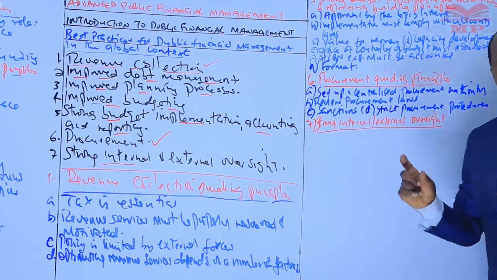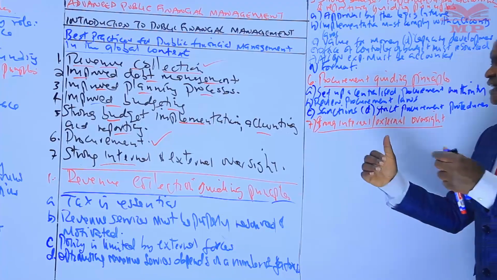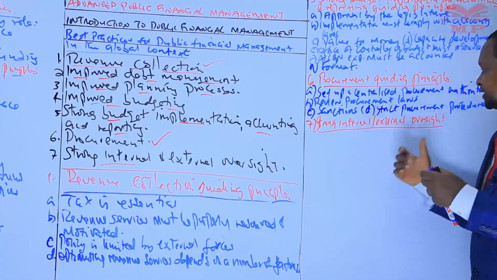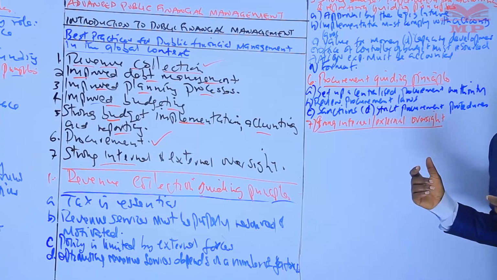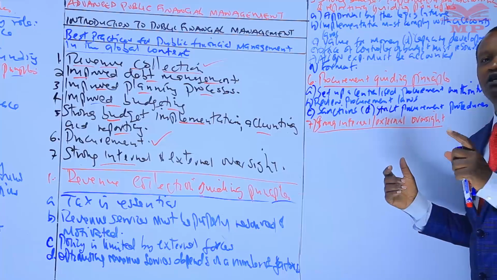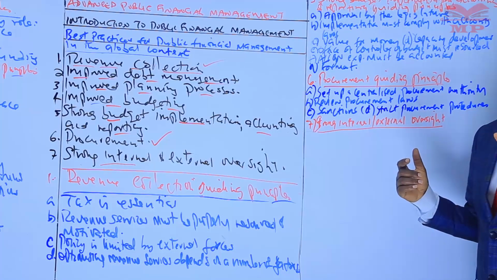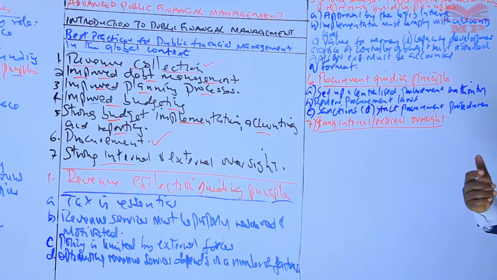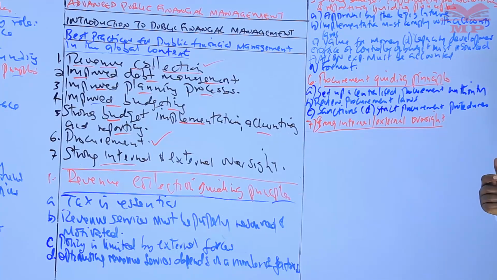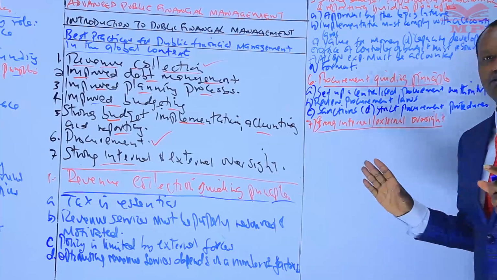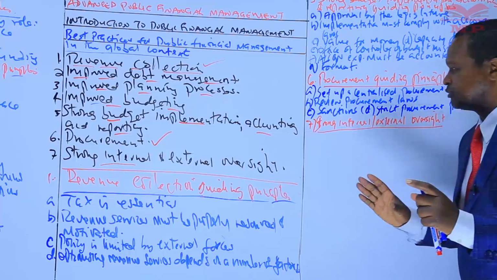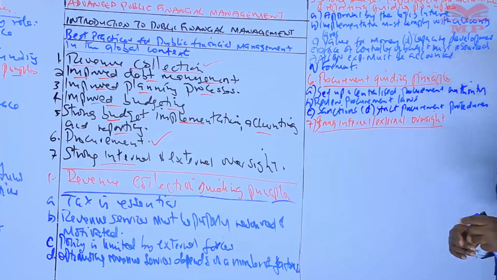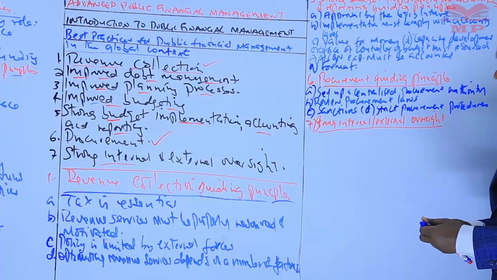And oversight should take place both internally and externally. That generally means shifting the locus of control from outside to inside the organization. So we have two aspects: guiding principles for internal oversight and guiding principles for external oversight. So we'll begin with internal oversight.